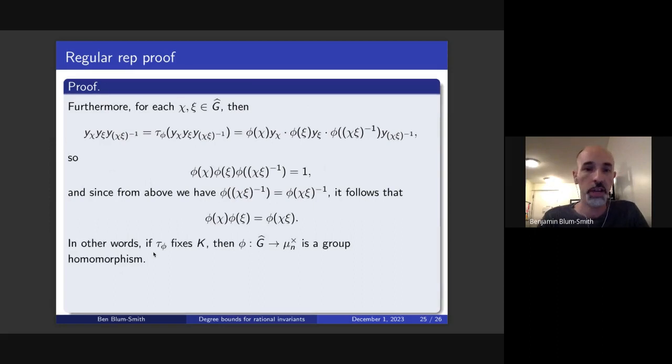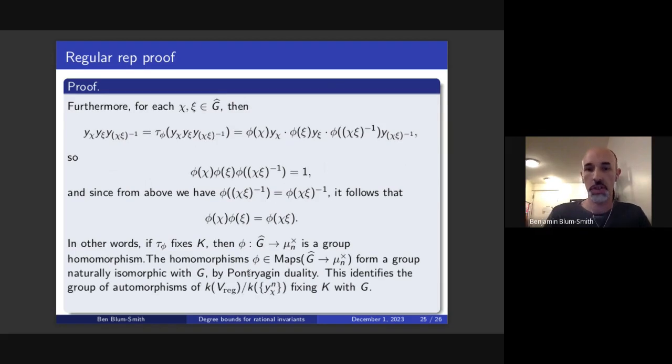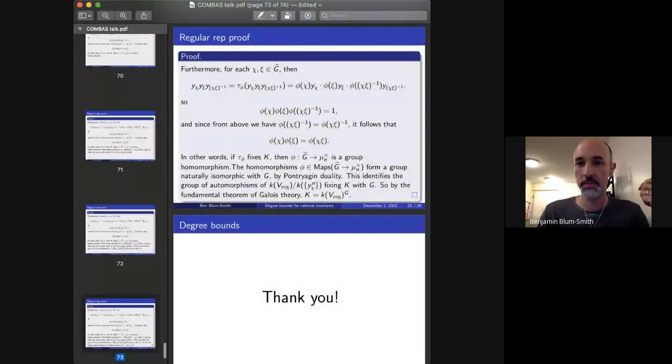So at this point, you've identified an automorphism that fixes K with a character of the character group of G. So by Pontryagin duality, you've identified the automorphisms that fix K precisely with G. So that tells you by the fundamental theorem of Galois theory that your K, which is the subfield generated by the degree 2 and 3 invariants, is in fact the fixed field of G. So that's it. Did I do it in like a minute?